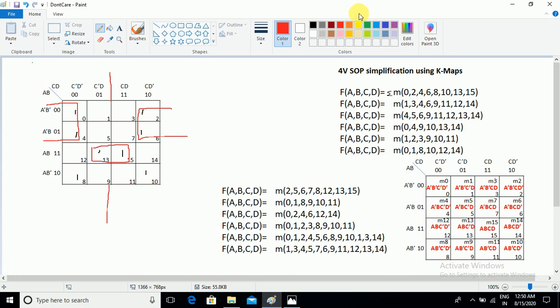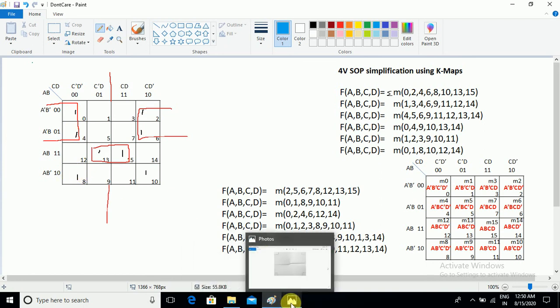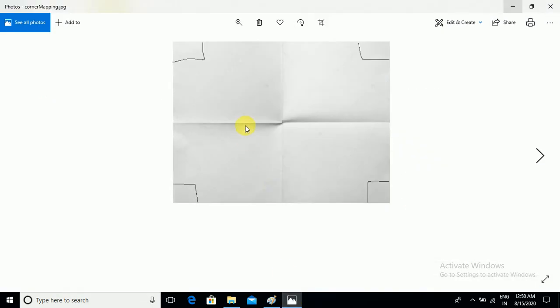The next one is very important here. I think you may understand that 10 can map with 2, and 8 can also map with 0. But if you take the corner mapping, what do we mean by corner mapping? Corner mapping means mapping of the corners in this manner.